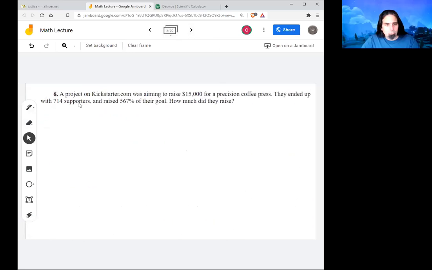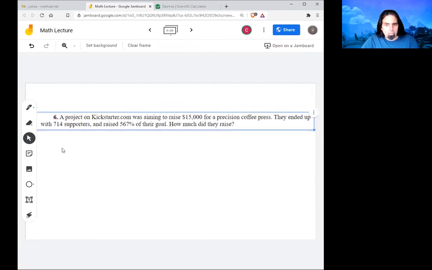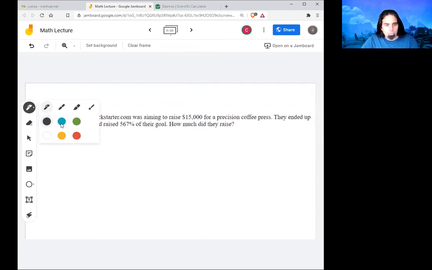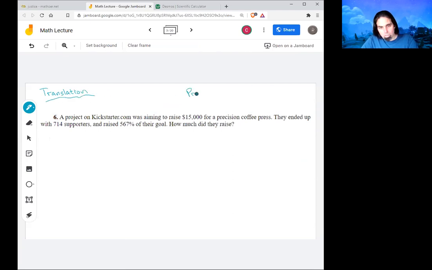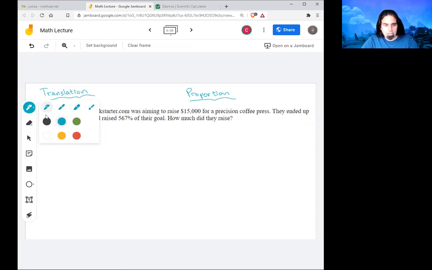So then I will put this a little lower and put translation and proportion method over here. Okay, now I'll have a little more room.